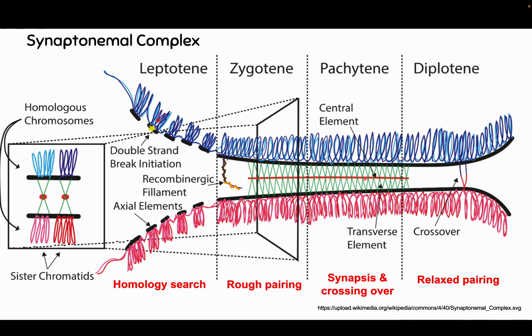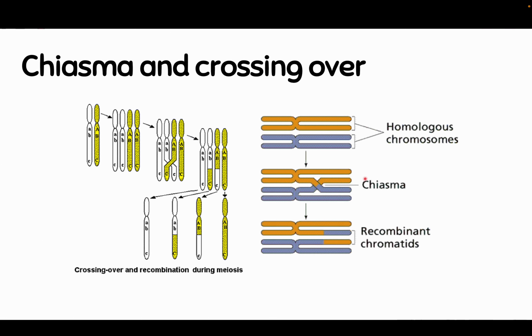But as you can see, the crossing over process is a highly complicated one. It will require physical rearrangements of genetic material in the involved chromatids.